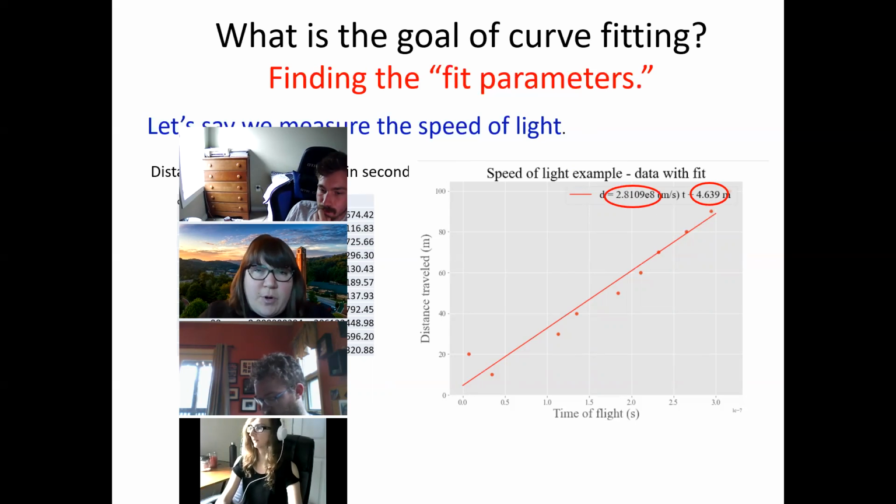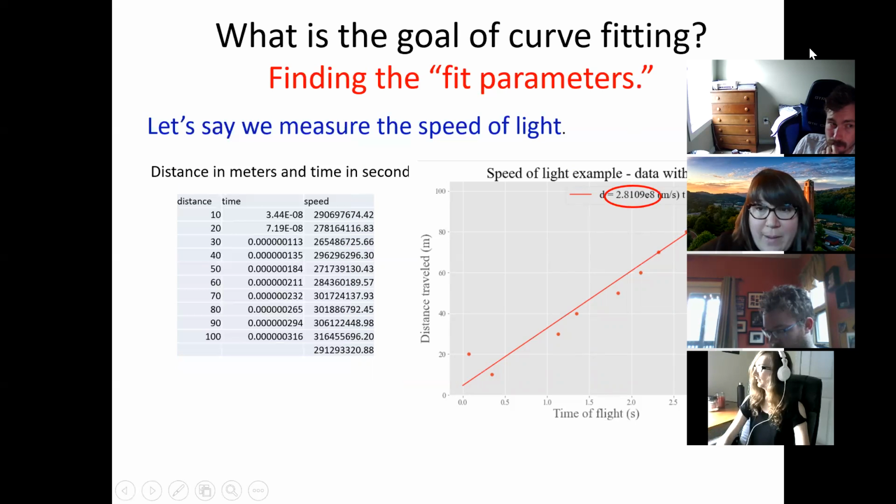Those are the fit parameters. The goal of curve fitting is ultimately to get these two numbers, in this case for the function y equals mx plus b. We want the slope and we want the y-intercept. Those are our fit parameters in this case.